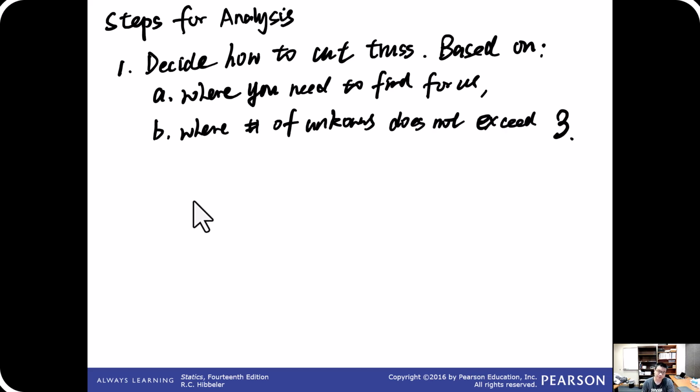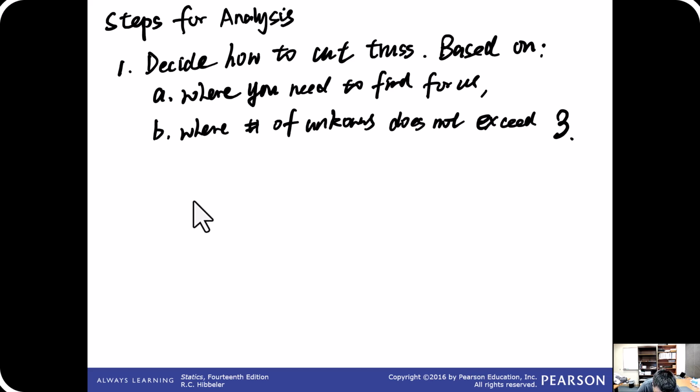So we definitely need to cut a section, and after the cut we can get the exact location where we want to find the forces. We also need to consider if we cut into two or more sections, or if this section has more than 3 unknowns. If it has more than 3, it means we cannot solve the problem.